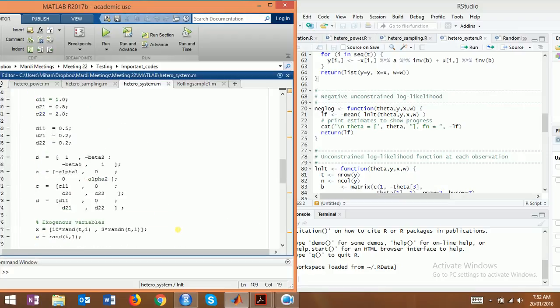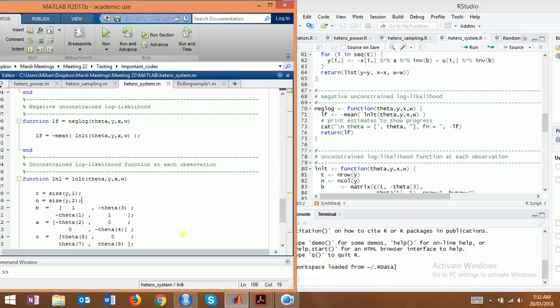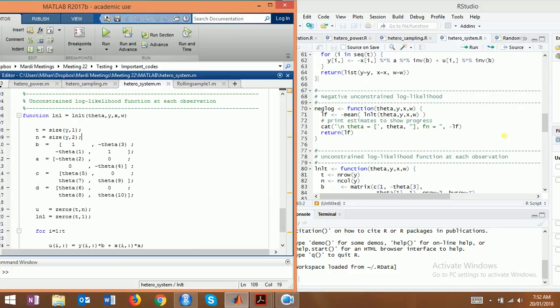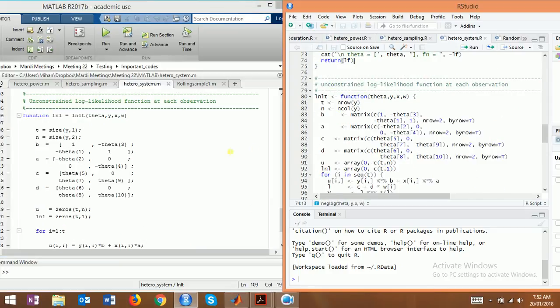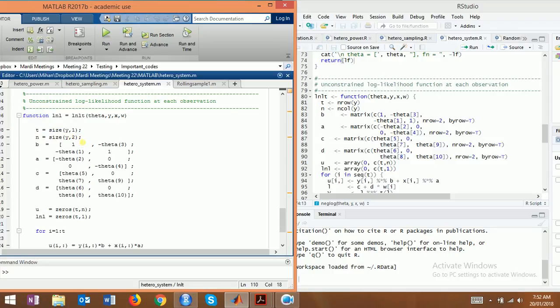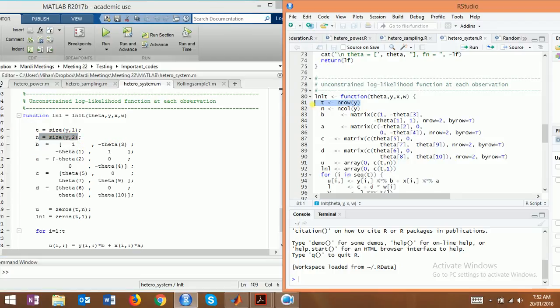Unconstrained. So this is simulate and finding the negative unconstrained. Now for unconstrained, we have theta y x t equal to size of y, first call rows column 1, n is equal to size of y. In the second column, size of n rows y, n column y, first row and column.